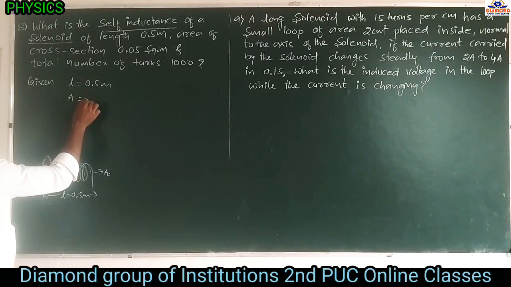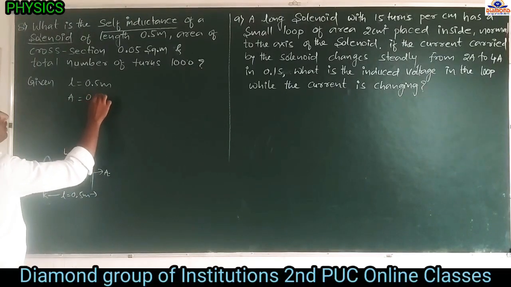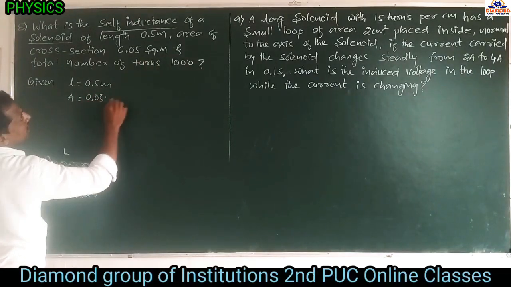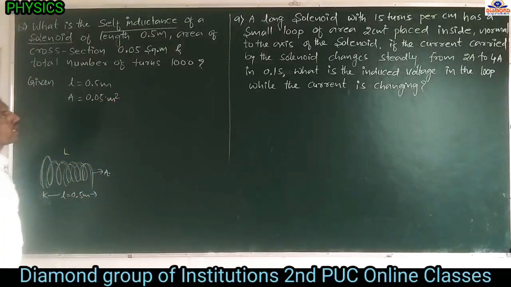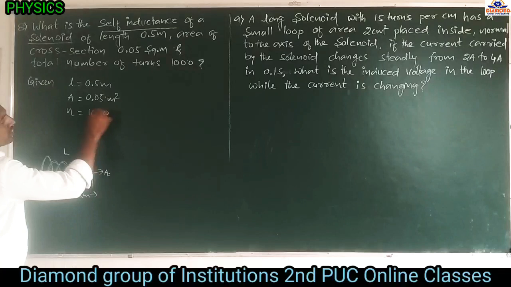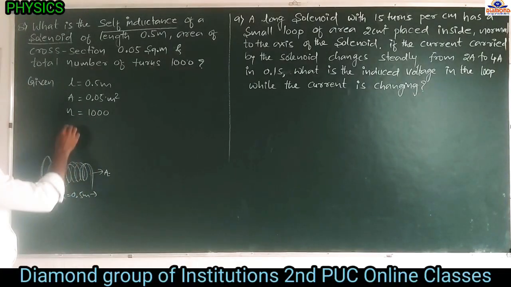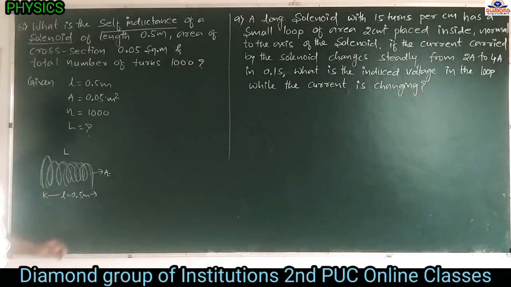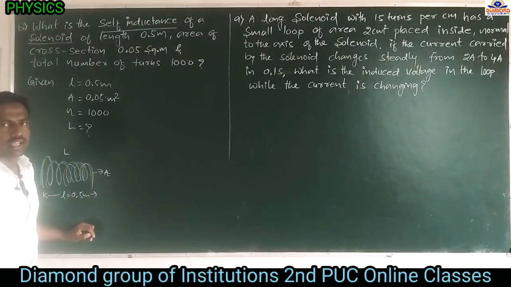Area of cross section A value is given, and total number of turns is 1000 in this solenoid. What is the given data? First, length small l equals to 0.5 meter, area of cross section A is 0.05 meter square, then number of turns N equals to 1000. We are calculating self inductance of a coil, L equals to question mark.